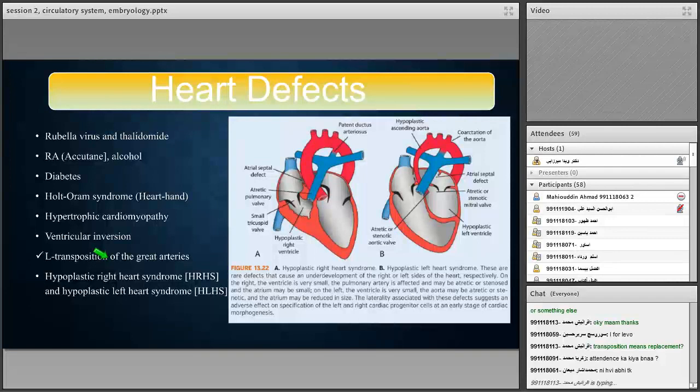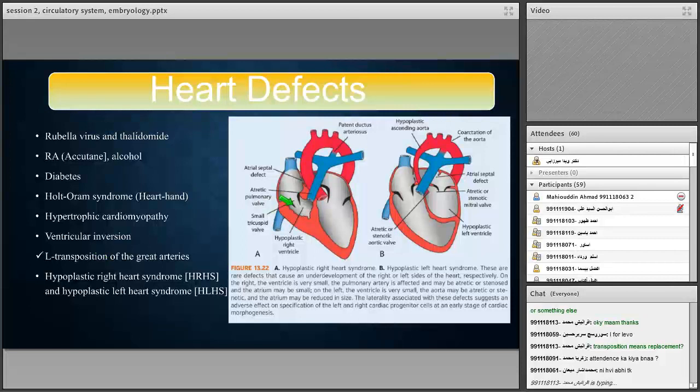The other form of defect is hypoplastic right heart syndrome and hypoplastic left heart syndrome. These are rare defects. They cause underdevelopment of the right or the left side of the heart.